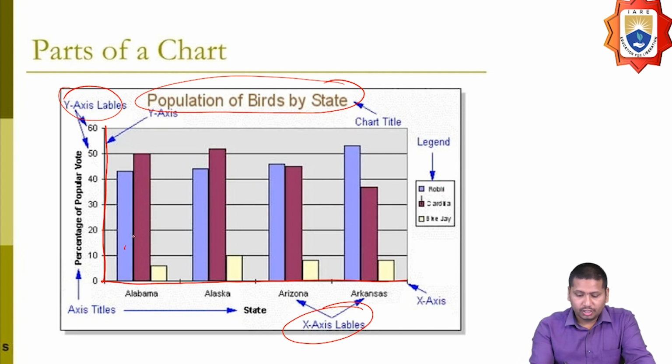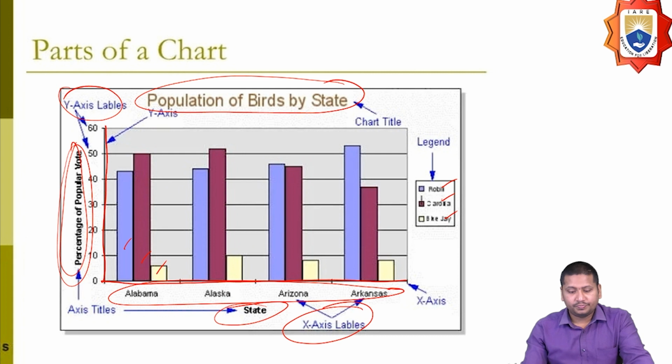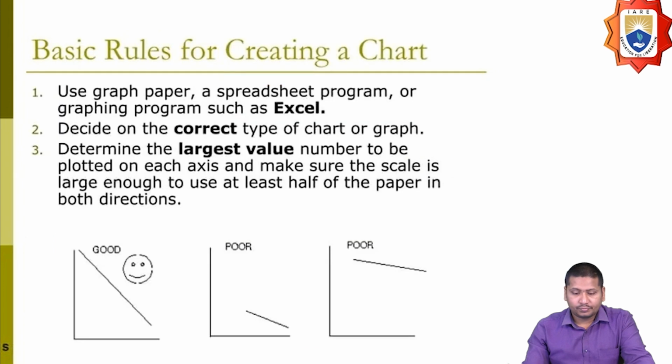And this is the color legend, showing what each rectangle of color is made for. And these are the axis titles, states and the percentage of population vote. Like this, I can show the different parts of the chart here.